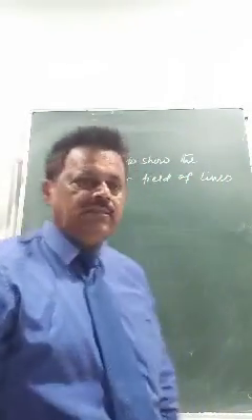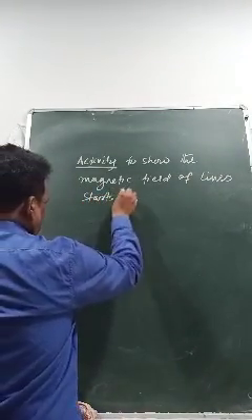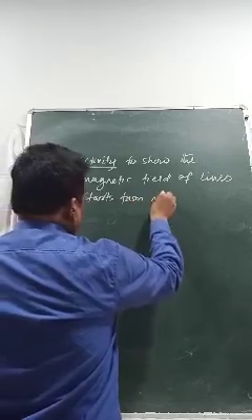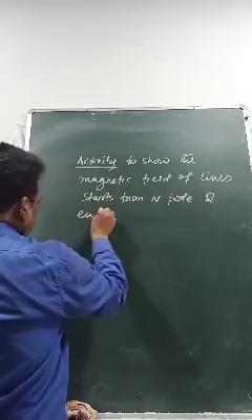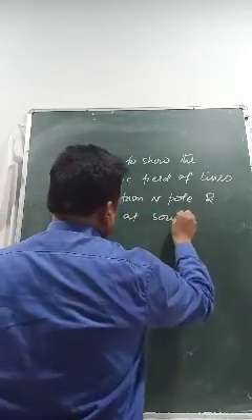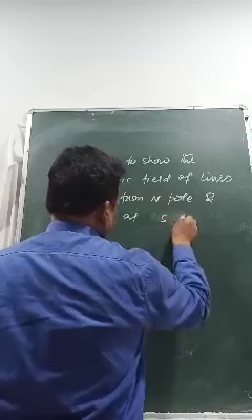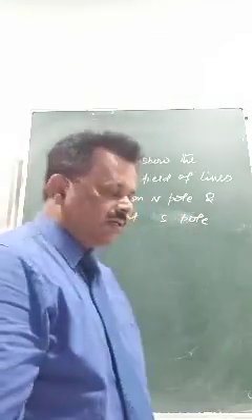Magnetic field of lines starts from the North Pole and ends at the South Pole, or S pole you can write. What activity do you have to show? It's like this.